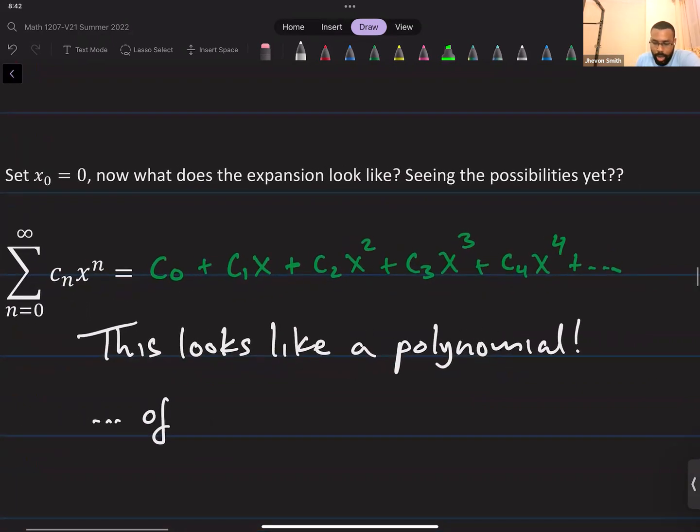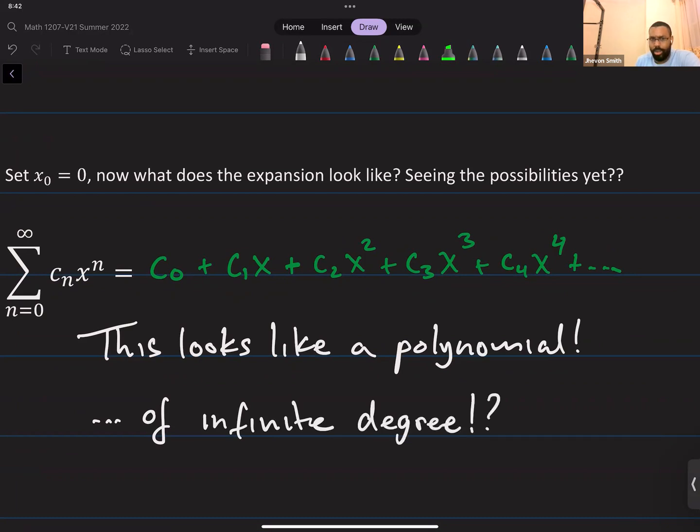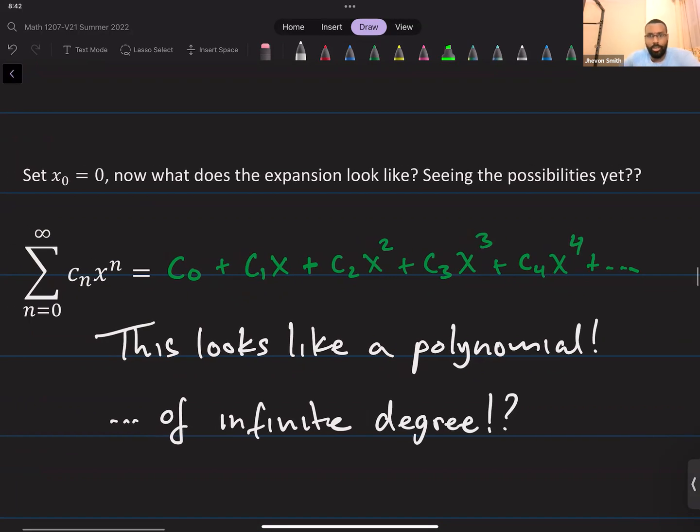So it's kind of like a polynomial of infinite degree, which is not generally speaking in the definition of a polynomial. We always talk about nth degree polynomials, so there's a highest power. So this here is a series that, when you expand it, looks like a polynomial, but the degree keeps going up. It's an infinite degree polynomial. It's like an infinite sum, an infinite length polynomial.